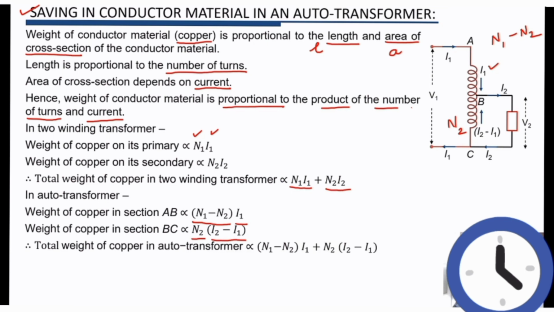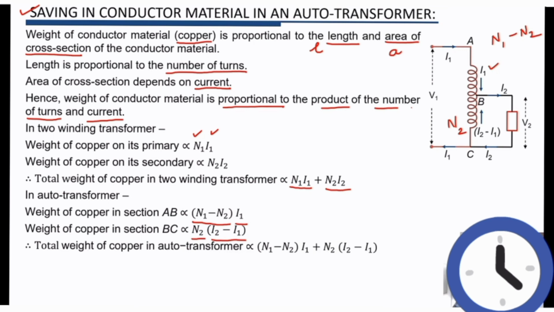So the weight of copper in the AB section, in terms of turns and current, is N1 minus N2 into I1. Similarly, for the section BC, the number of turns and the current passing through it is N2 into I2 minus I1. So the total weight of copper in the auto transformer is obtained by adding section AB and BC.